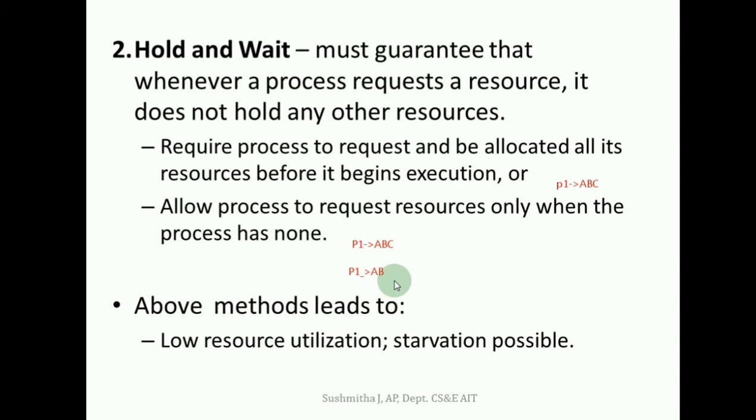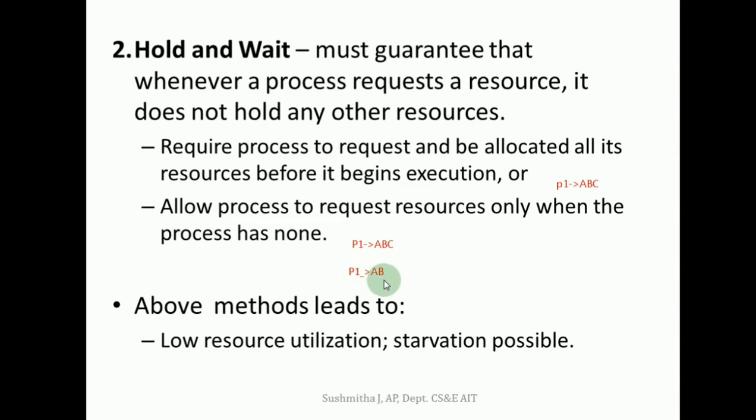If I put it in real terms, for example, a process needs a tape drive, a disk drive and a printer. Now process 1 is already using the tape drive and the disk drive, that is A and B. To complete the execution, it needs the resource C. Now process 1 cannot request resource C, is what the second protocol tells.